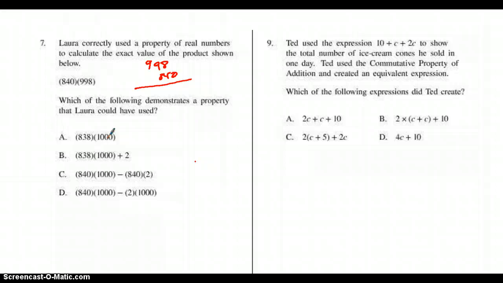Well, let's look and see what we will get if we multiply 840 times 998, and that's going to give us 838,320. So as you can see, that's a few dollars less.